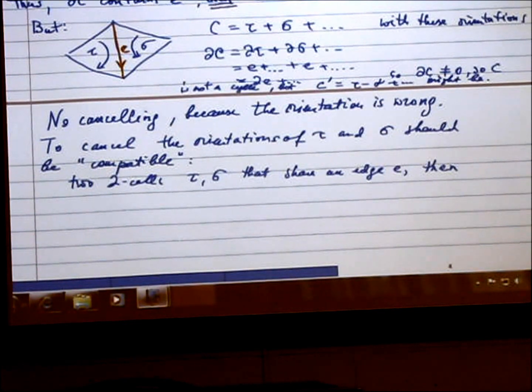Then tau and sigma induce the same orientation on E. The opposite orientation, I'm sorry.